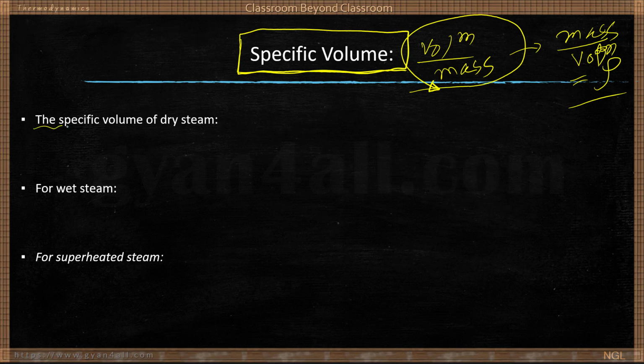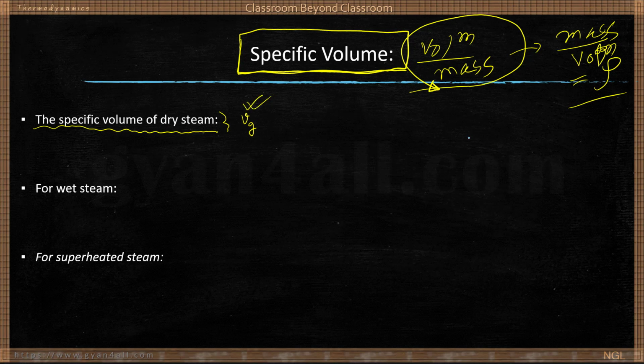Now specific volume of dry steam is generally represented by Vg, because for dry steam we use the letter G, gas, like Hg. So specific volume of dry steam is Vg.